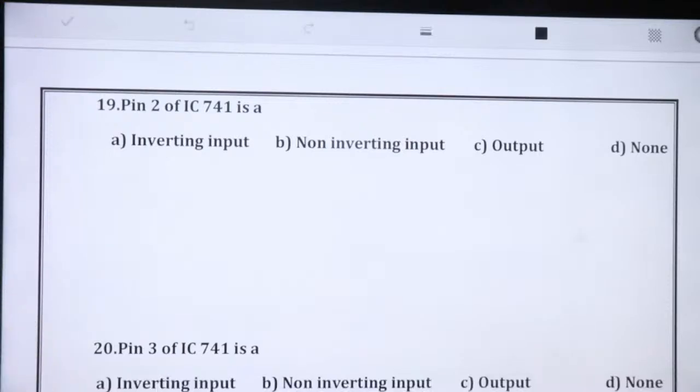Next. You have to go through and study the 741 IC.